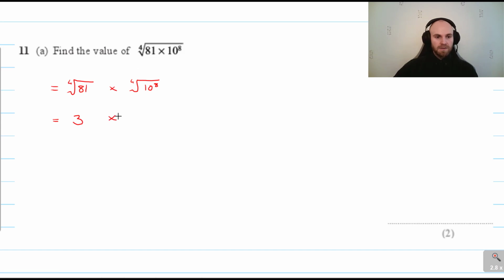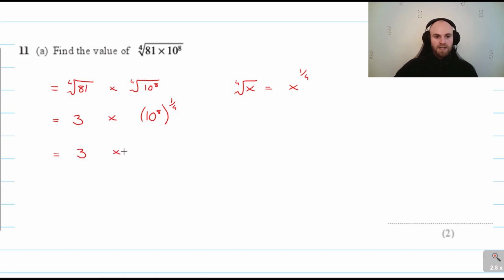So I'm going to put this multiplication in here. So we have 10 to the power of 8, and then all of this is the fourth root. So remember that the fourth root is the equivalent to x to the power of a quarter. So all of this is going to be to the power of 1 over 4.